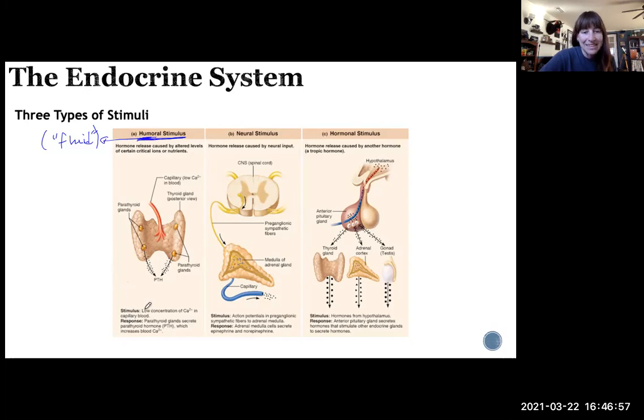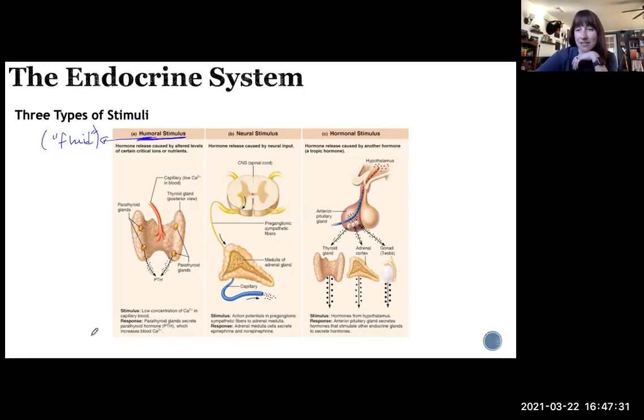So, for example, if the calcium concentration in the blood of a capillary passing through the thyroid gland gets too low, then the thyroid gland will automatically release, it'll actually cause the parathyroid glands to automatically release parathyroid hormone, okay, PTH, which increases blood calcium levels by means of activating osteoclasts.